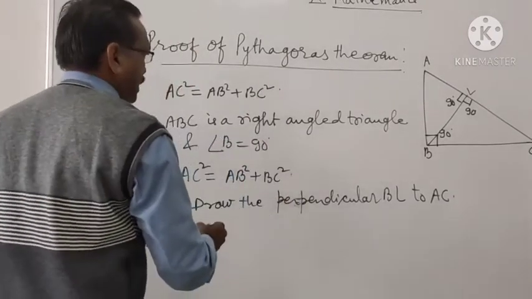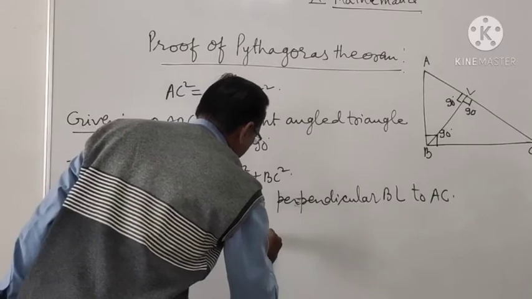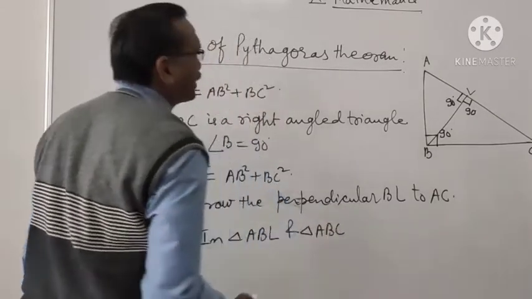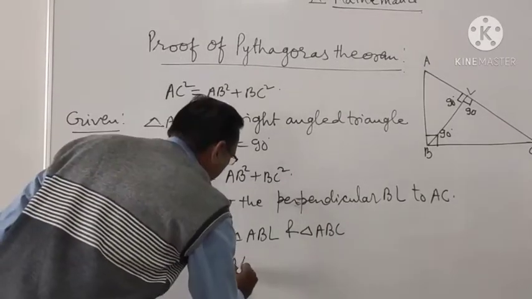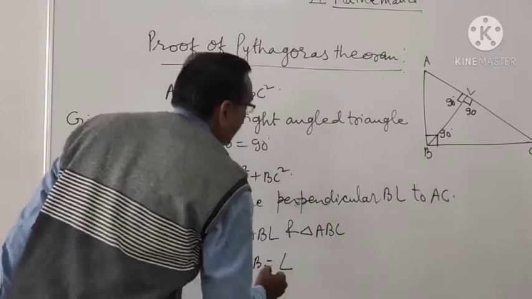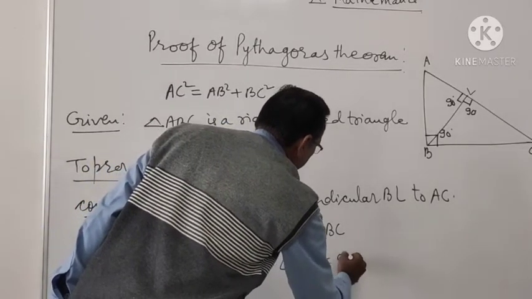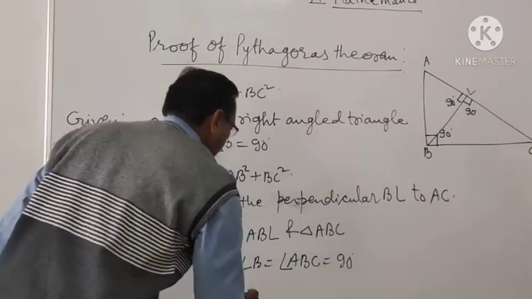First of all, we will consider triangle ABL and triangle ABC. Here, angle ALB equals angle ABC, both are 90 degrees. And AB equals AB, AB is common.